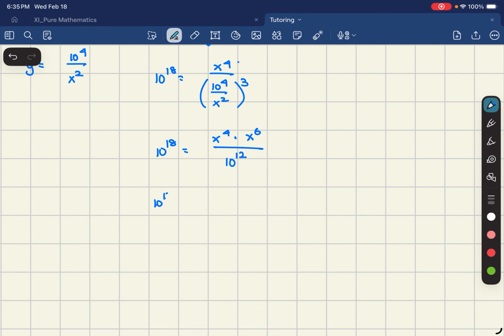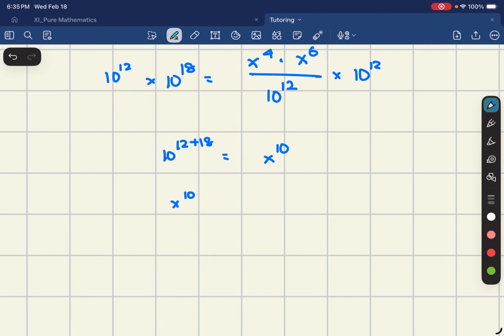When I multiply by x to the power 12 on both sides, I get x to the power 12 plus 18 is equal to x to the power 4 plus 6 is 10. So x to the power 10 is equal to 10 to the power 30.